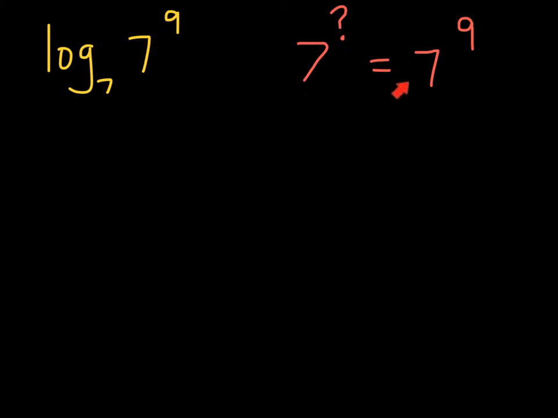I hope you're looking at this and thinking, oh, you would have to raise 7 to the power of 9 if you expect to get 7 to the power of 9. So then your answer is just 9. Log base 7 of 7 to the 9th power is just 9. If you look back at your properties, this is property number 3.